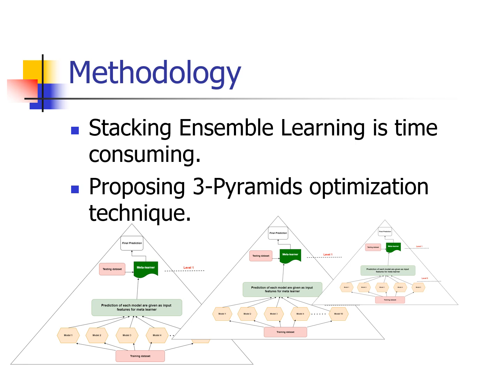We are calling it 3 pyramids because, as you can see in the figure here, it is like the Egyptian 3 pyramids. We have the biggest one, the medium one, and the smallest pyramid.